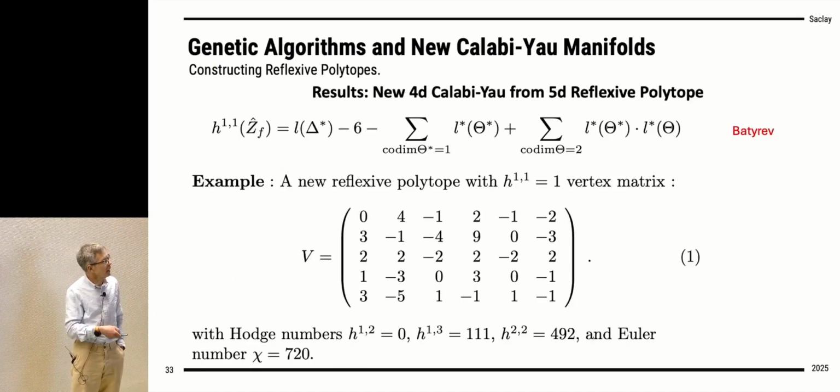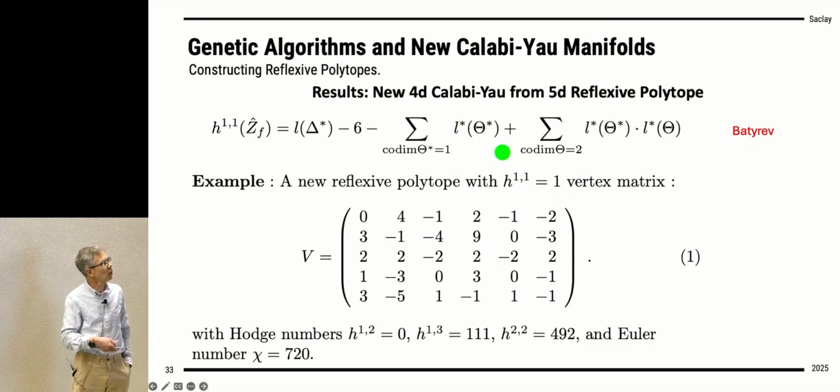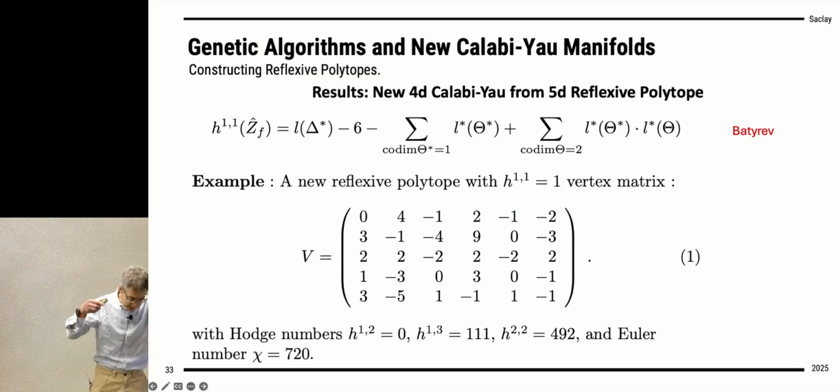Here is just an example: if we are interested in a particular type of polytope associated with a particular type of Calabi-Yau, then one can compute by just a known mathematical formula that existed. So all of these calculations can be done in principle.